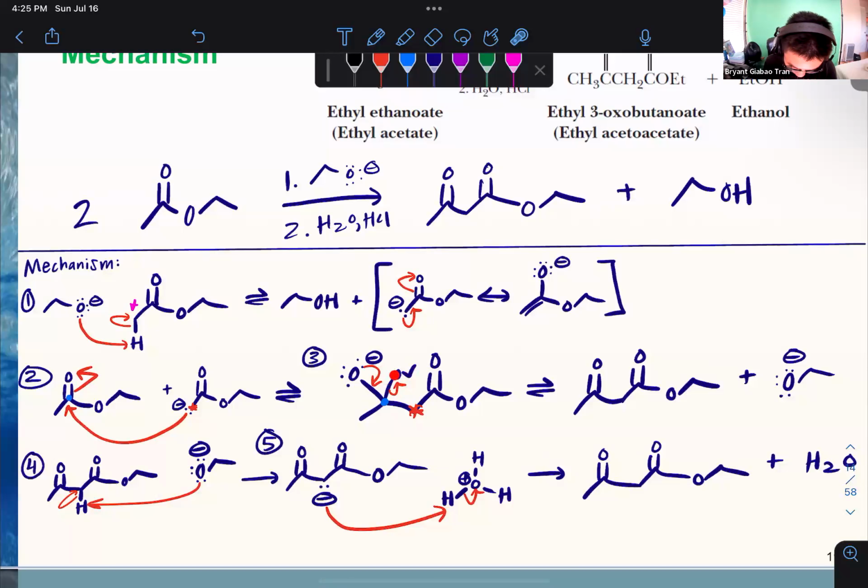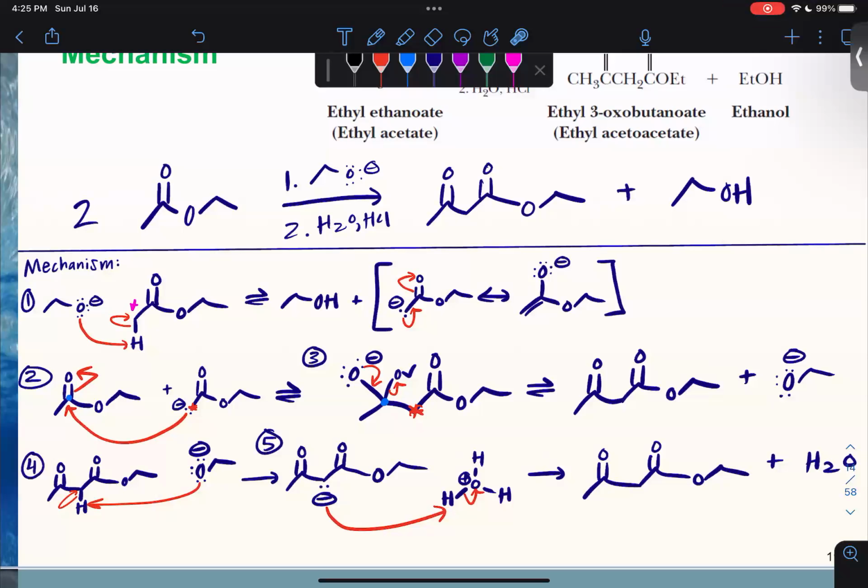So we were able to kick that out because it comes right back immediately to attack the hydrogen. But why can't you just protonate this before we kick it out? No, the ethoxide. Yeah, protonate that.